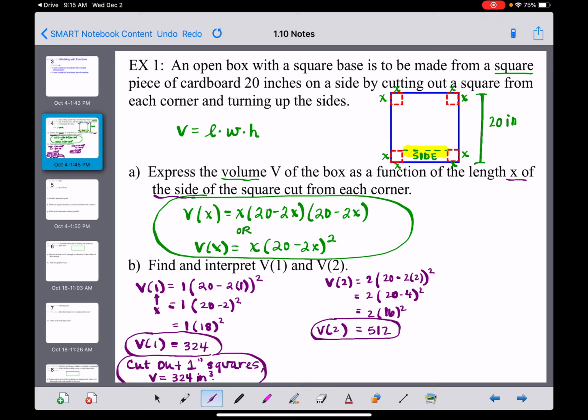You type that in, you should be getting 512. So if we interpret that, now we're cutting out 2 inch squares. So 2 inches from each corner. So if we do that, the volume is going to equal 512 inches cubed.